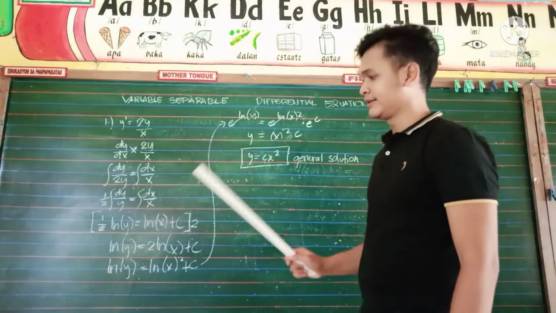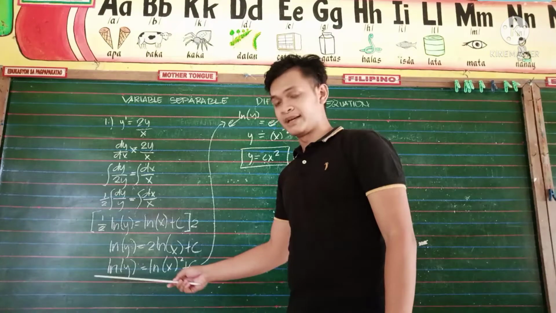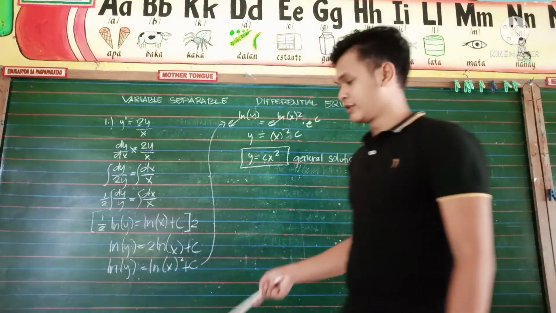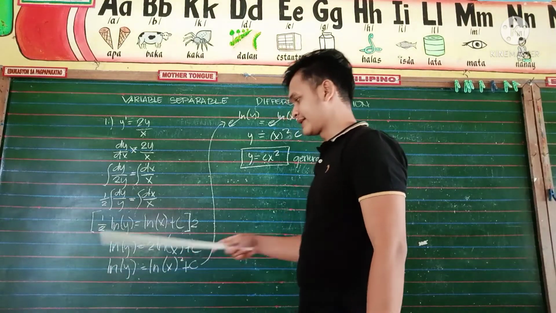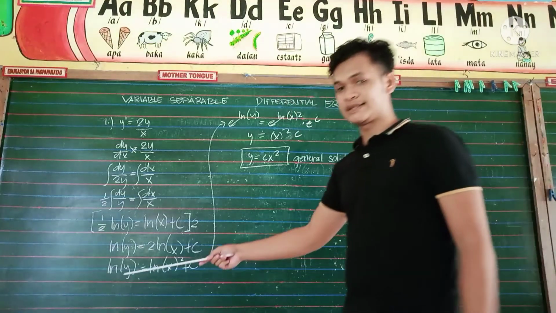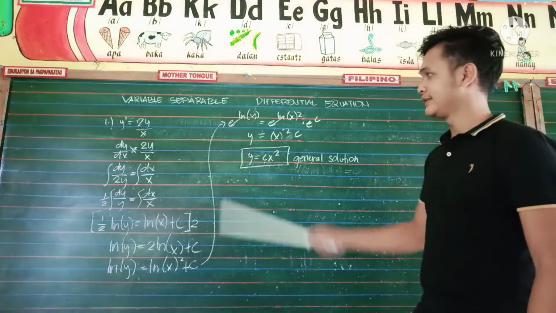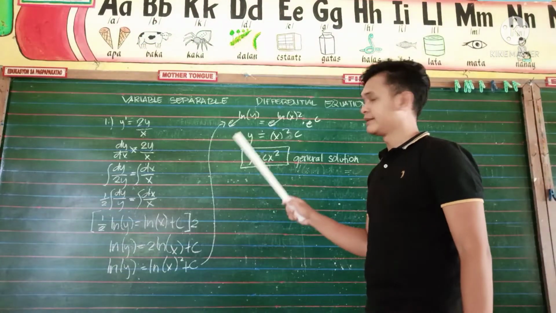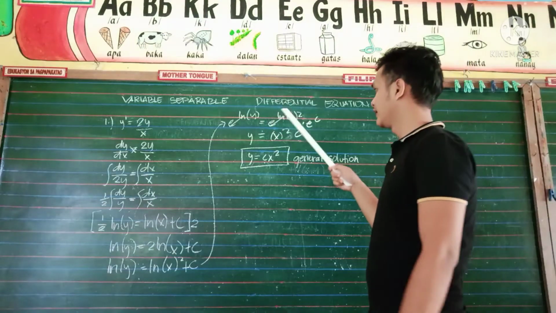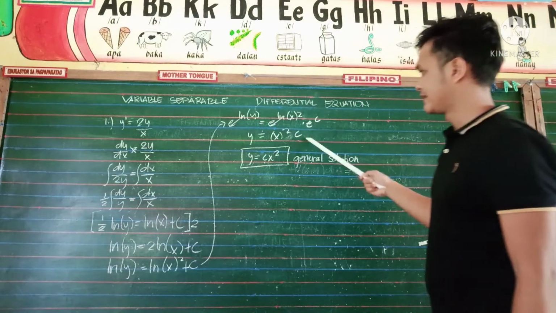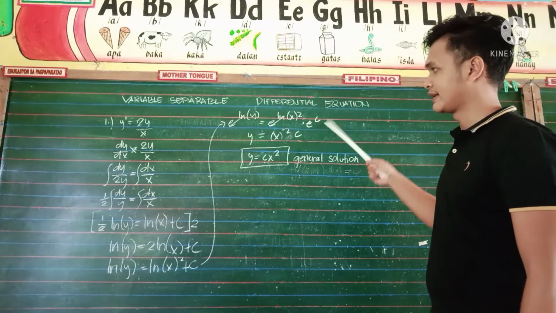So we already have the ln value, with the x and y terms. So we need to cancel out this ln sign. In order to cancel out this ln sign, we need to exponentiate both sides. E raised to ln of y is equal to e raised to ln of x squared times e raised to the constant.